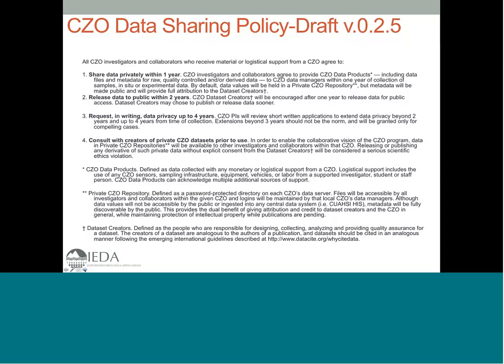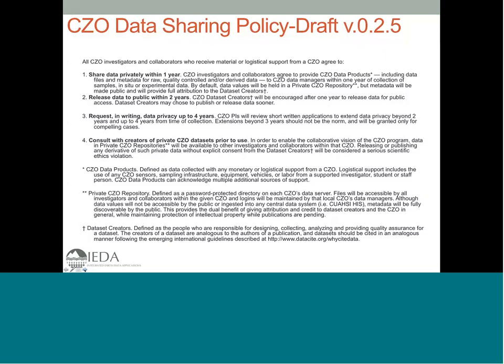So these are drafts. They have not been officially adopted unanimously by the CZO PIs. They were drafted about a year ago after quite a bit of work by the data managers of the original 6 CZOs, and with some consultation from the 6 CZO PIs at the time.